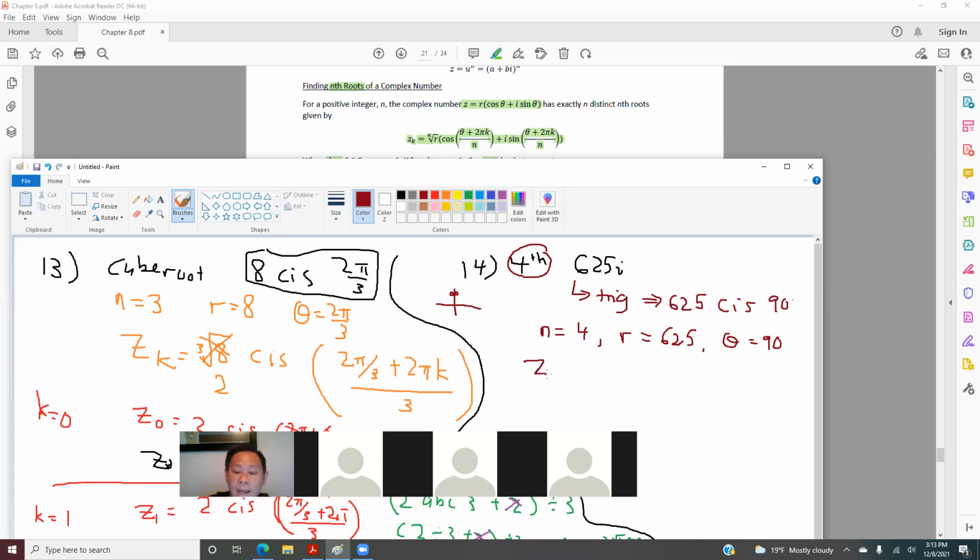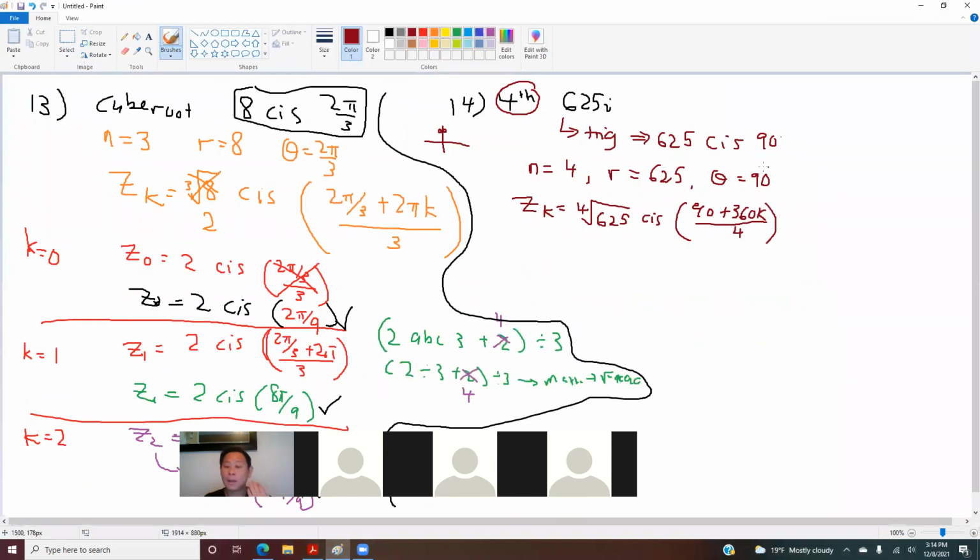It's given to us by zk is the 4th root of r, which is 625, CIS of theta, in this case 90 degrees. Now we don't use 2 pi, we use 360k because our angle is in degrees, over n, in this case 4. Can someone tell me what is the 4th root of 625?